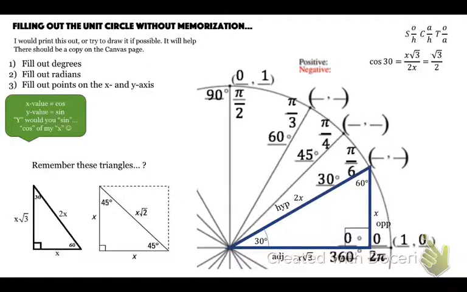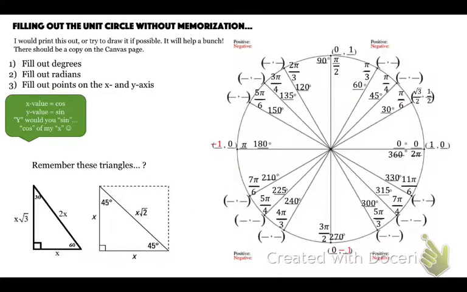The x's cancel, and I'm left with square root of 3 over 2. So that means that point right there is square root of 3 over 2. That's how far over on the x-axis we went. And then we can find the sine of 30 to get the y value. So sine of 30 is x over 2x. Those cancel, and you get 1/2. So that means the y value there is 1/2.